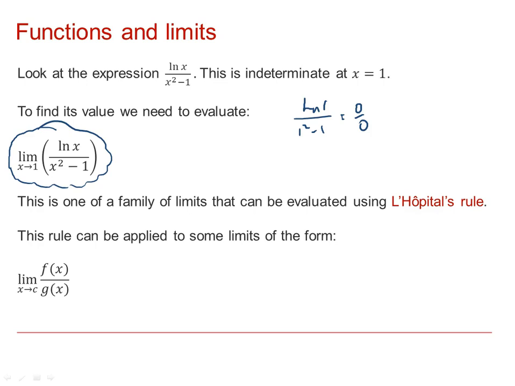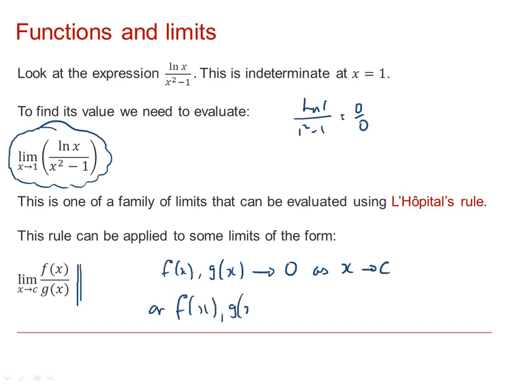The rule can be used to find limits of the form f of x over g of x, so we've got a function on the top line and the bottom line, where either f of x and g of x approach 0 as x approaches c, or f of x and g of x both approach infinity as x approaches c.